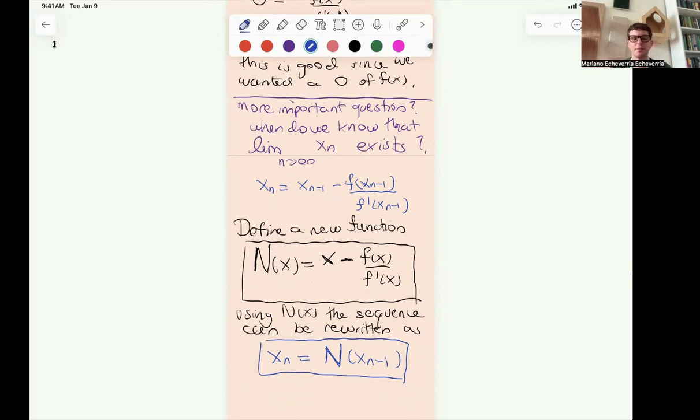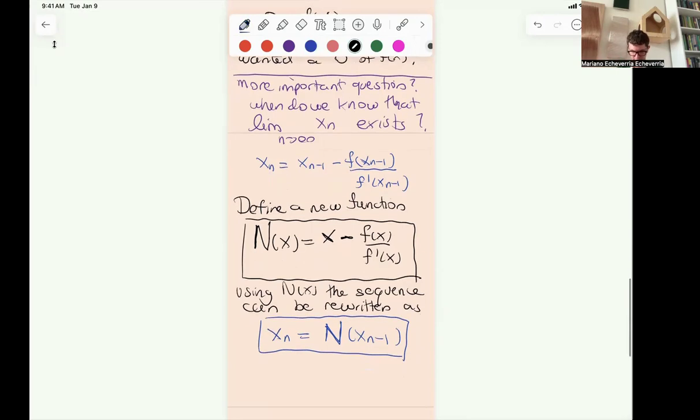But what's interesting, if you rewrite it this way, is that this is precisely how the sequence was constructed yesterday when we were trying to find a fixed point of a function. So this sequence is the same sequence that you would be trying to construct if you were trying to find a fixed point for the function n, not the function f.